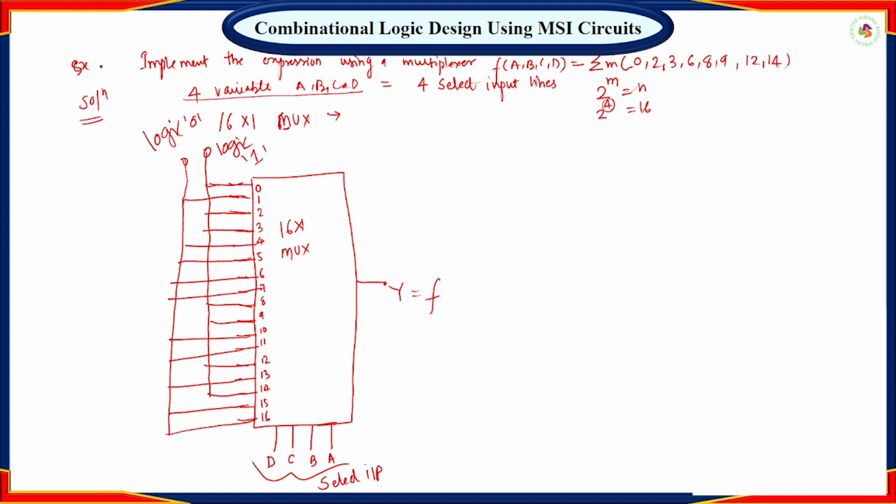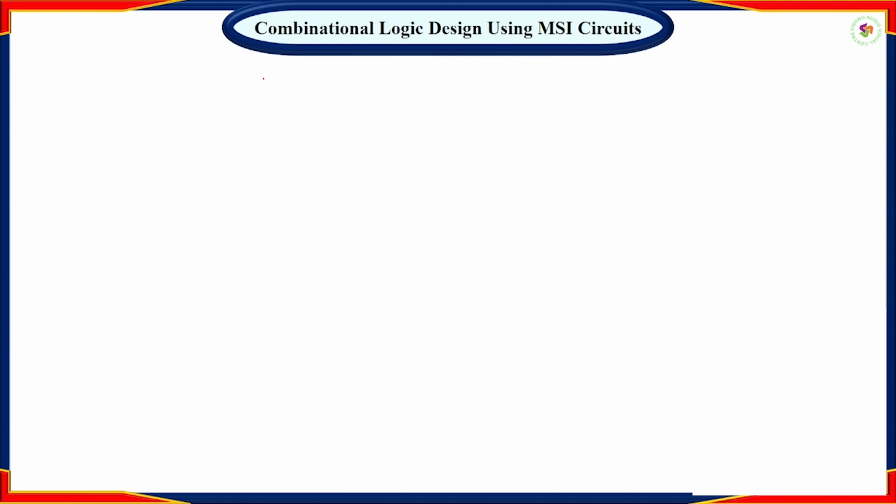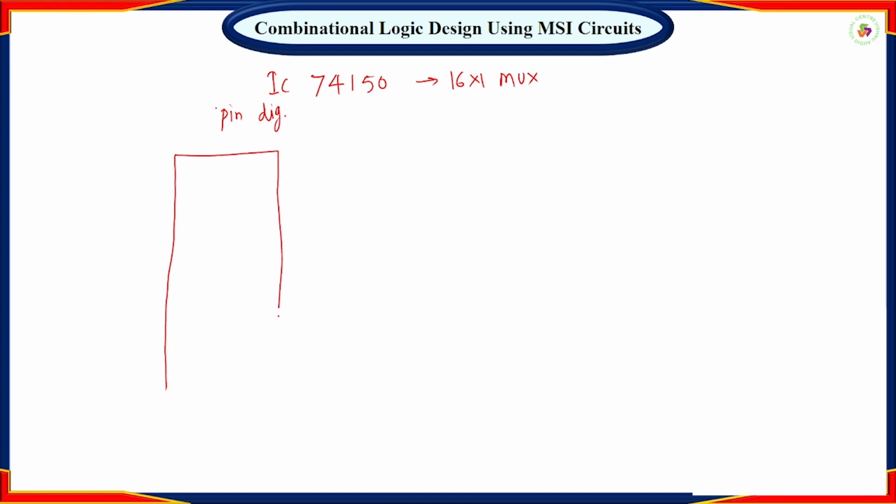Right? Now we'll see one example of a 16 into 1 multiplexer for realization of this function. This IC 74150 is a 16 into 1 multiplexer IC, right? So if you see the pin diagram, or you can call it the pin configuration of this IC, it is a 24 pin IC.